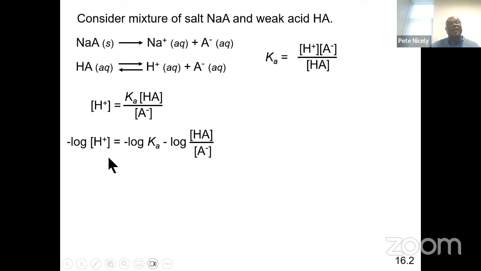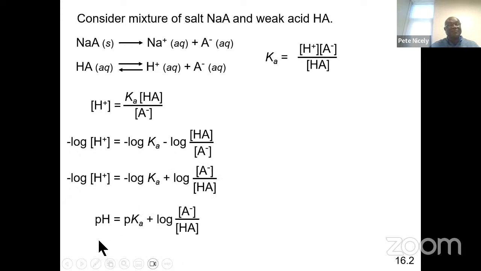You should recognize that the minus log of H+ is the same thing as the pH, and the minus log of Ka is the same thing as the pKa. When we switch these two, so that A minus becomes the numerator and HA becomes the denominator, the sign changes from minus to plus. Then we can simply carry that down and we end up with this equation.